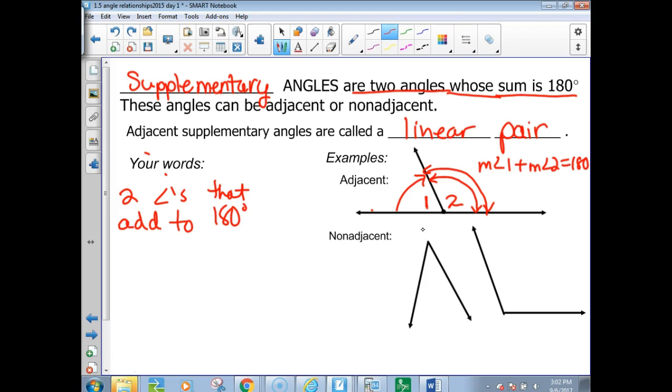They could be non-adjacent. So if this was angle D and this was angle C, if this one was 40 degrees and this was 140, they would be supplementary because the sum of those numbers is 180.